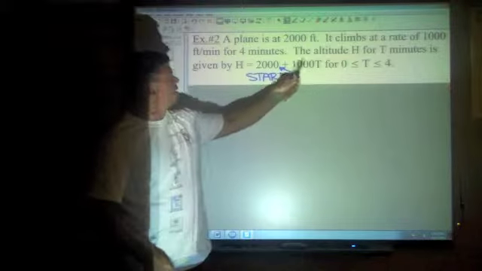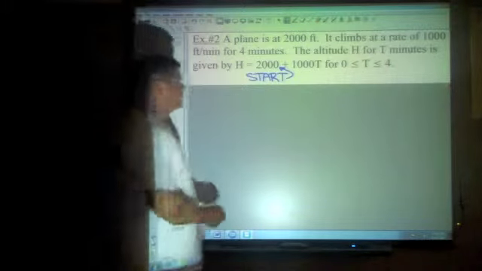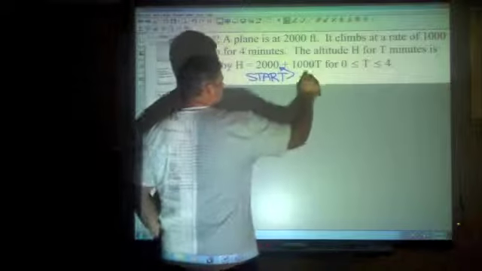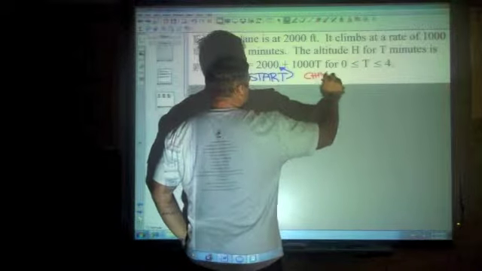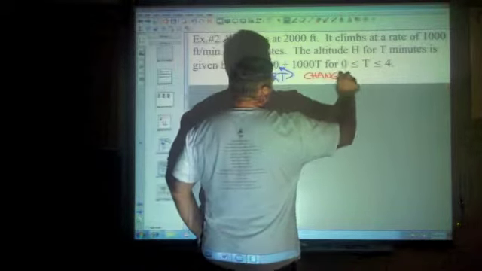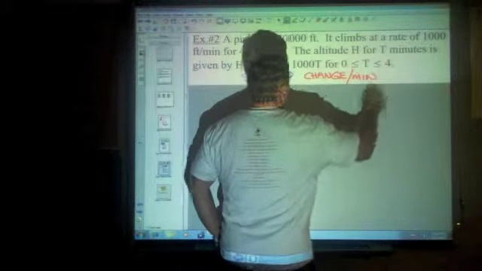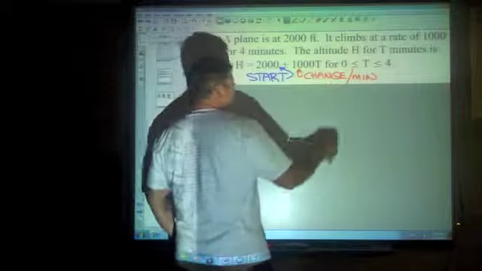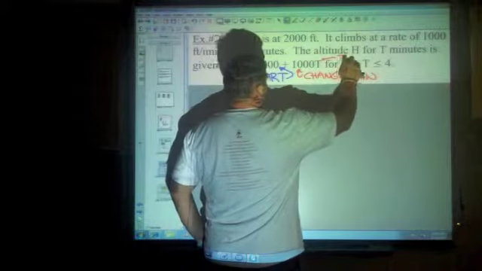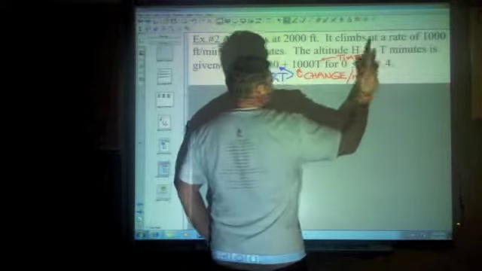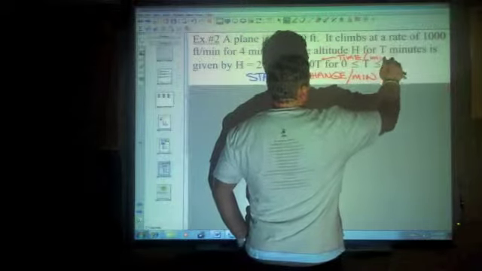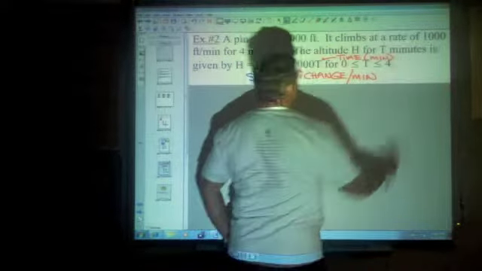The 1,000 is how much it's changing every minute. So this is the change per minute, which is right here. Remember, T stands for time, and it's in minutes. It says right here, T minutes.